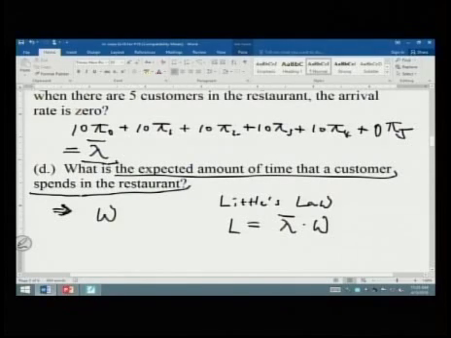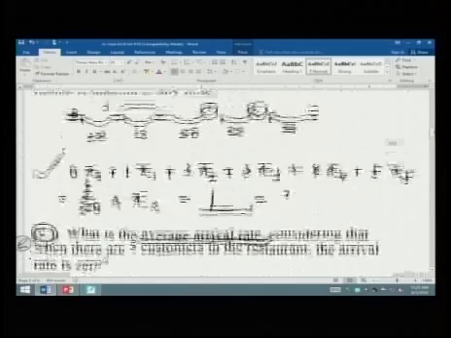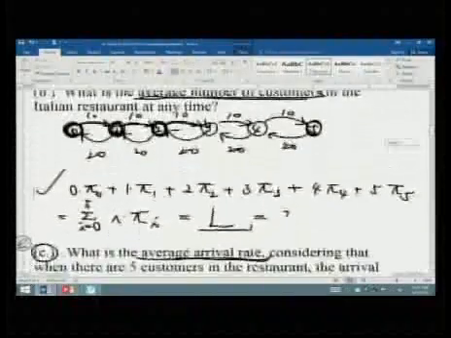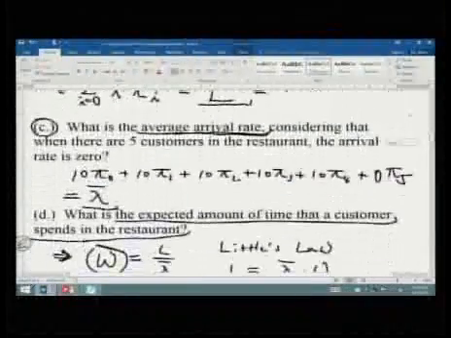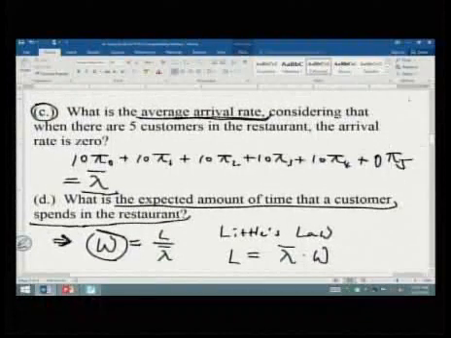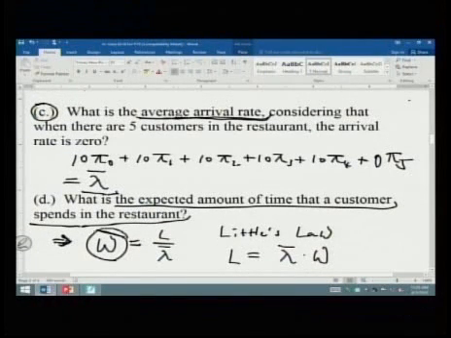So using Little's law, we can compute W. What is W? That's going to be L over lambda bar. We already got L from part B, right? And lambda bar is from part C. So you should be able to get W, which is the expected amount of time your customer spends in the restaurant.